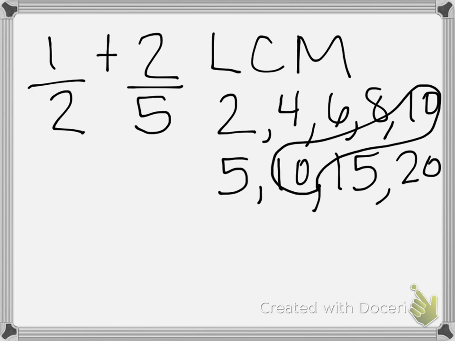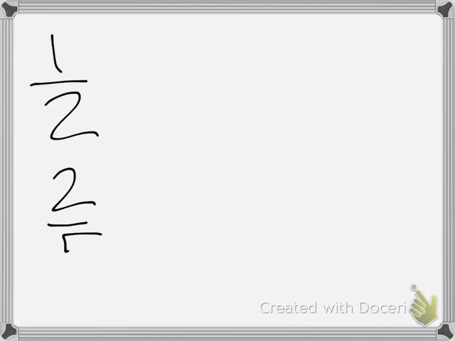And now that we have the common multiple, we can rename both of our fractions. So to rename 1/2 and 2/5, I ask them to use multiplication. That's a way to come up with an equivalent fraction of 1/2 and 2/5.